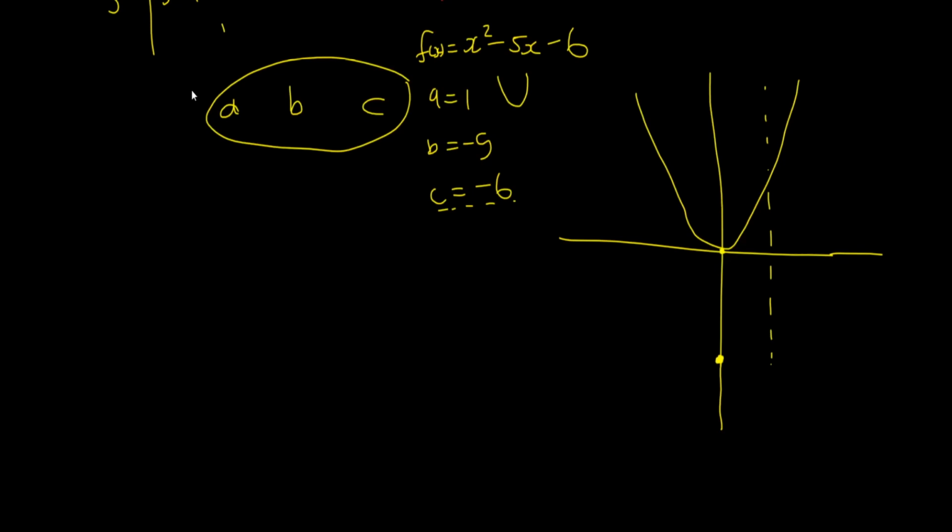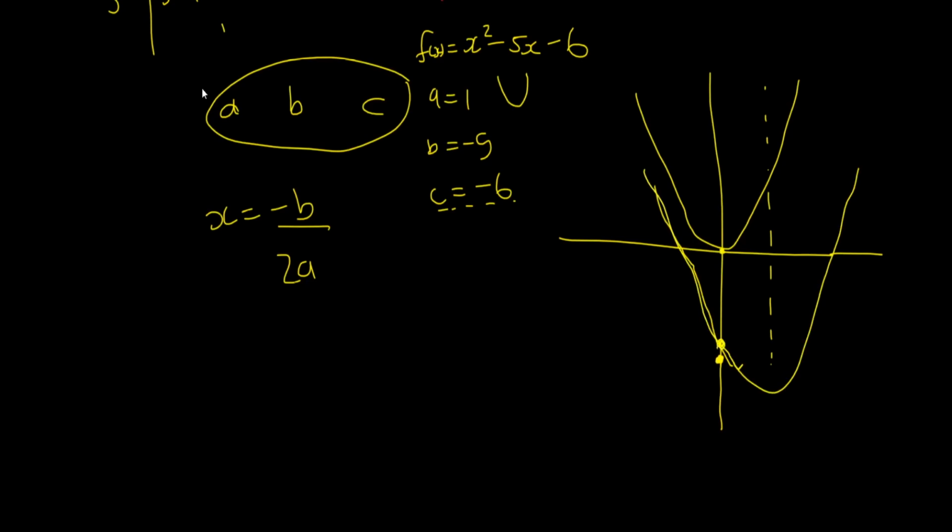This is not going to be directly minus 5. You can use the equation x equal to minus b over 2a, but we won't do that. And then you also see that you have a y-intercept, and then you can draw your graph. So your graph is going to be something like that.